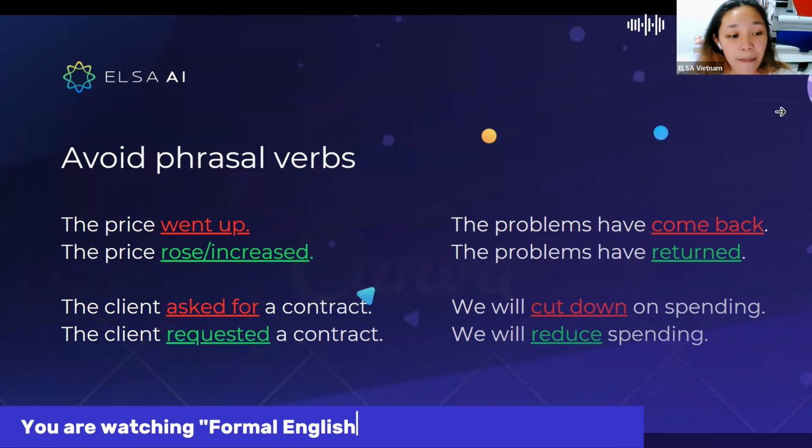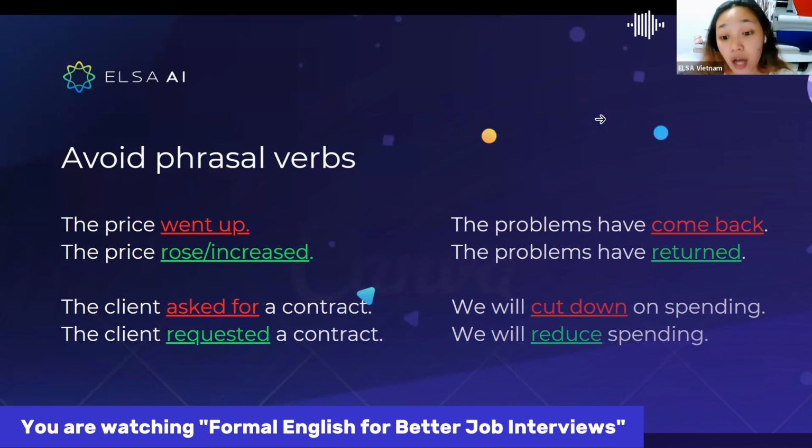One example is the first one here: the price went up. The phrasal verb there is went up, and the words that we can use as equivalent to went up are rose or increased. It immediately sounds more formal, and it immediately sounds as if you know what you're talking about and as if you're fluent in English.